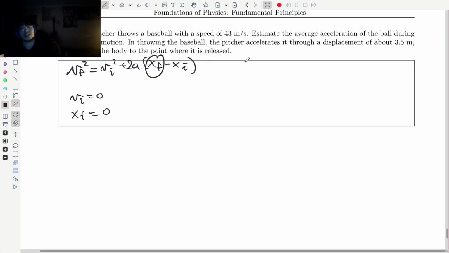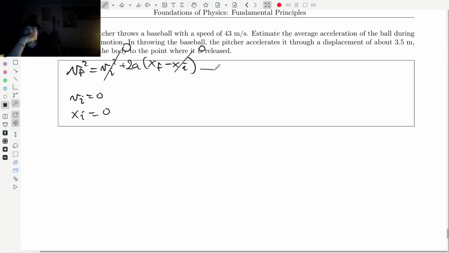Now we have our xf as being 3.5, but now we're being asked to find a value for the acceleration. So what we can do is rearrange this by knowing that this is 0 and this is 0, meaning that our equation now is vf squared equals 2a xf.